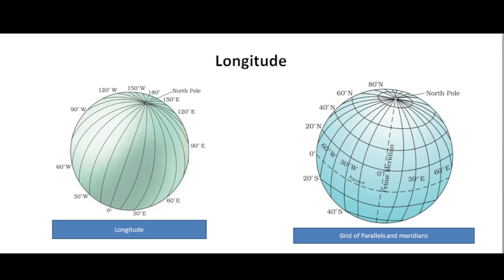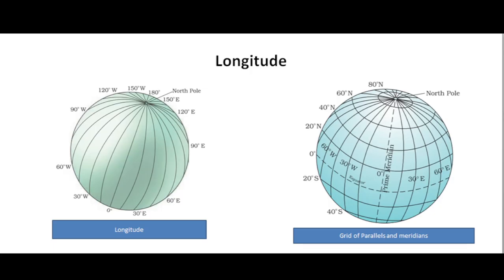Therefore the longitude of a place is followed by the letter E or W. Thus if we have to state the longitude of Jabalpur, which is situated 82 degrees east of Greenwich, we shall say that its longitude is 82 degrees east. It is however interesting to note that the 180 degree east and 180 degree west meridians are the same line.